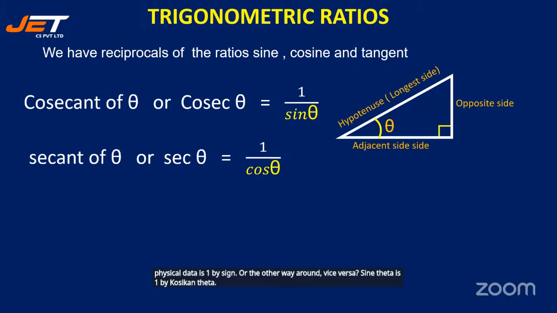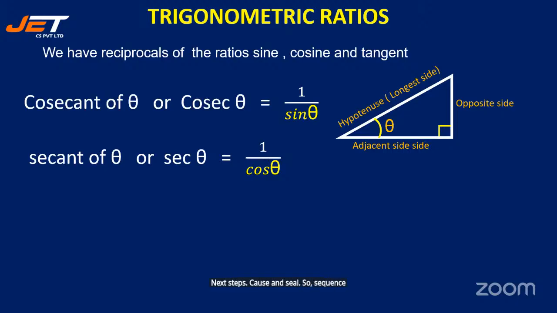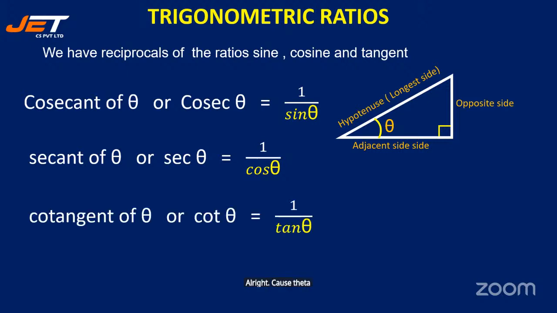Next, cos and secant. So secant theta is 1 by cos theta, or cos theta is 1 by secant theta. Next, we have cot theta. Cot theta is 1 by tan theta, or tan theta is 1 by cot theta.